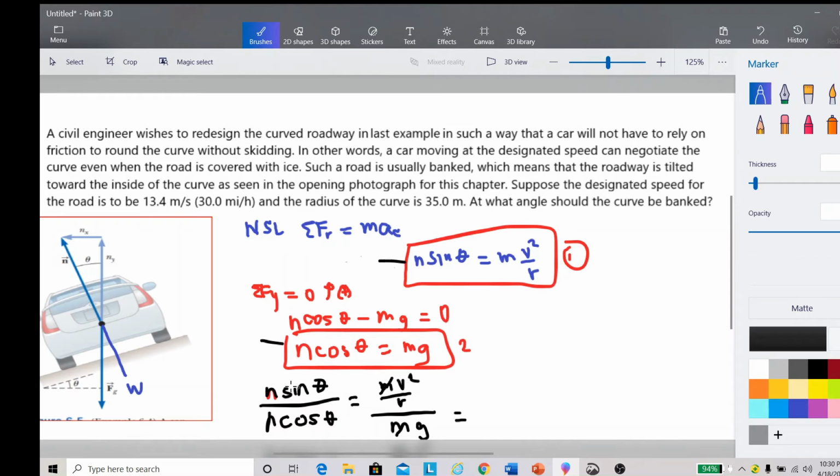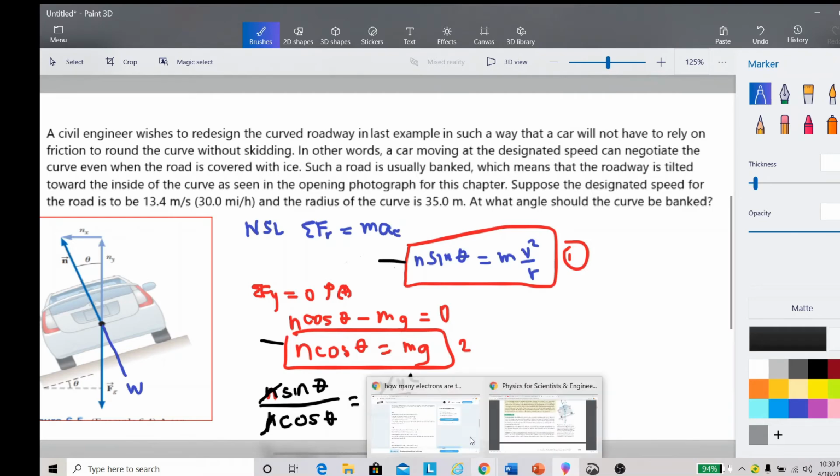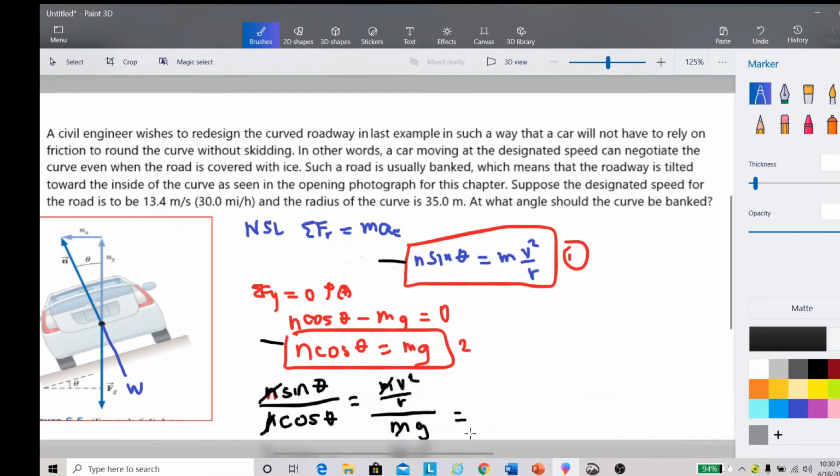Therefore, what is sine over cosine? Sine over cosine is tangent, because n will be cancelled out. Therefore, we have tangent of theta equal to v squared over rg.